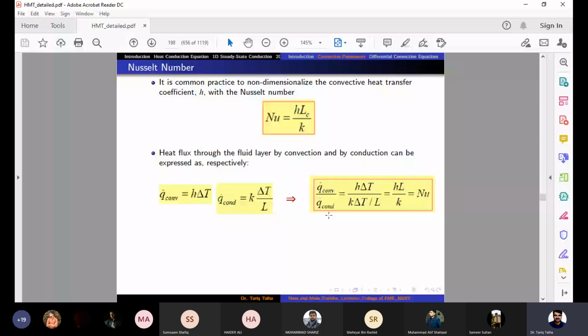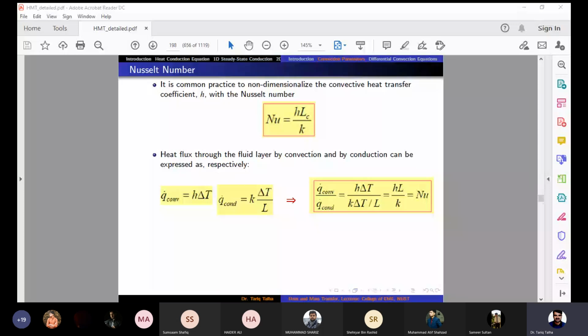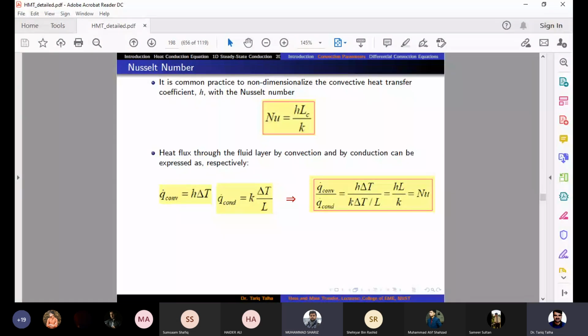When Q conduction is equal to Q convection, is there any possibility that we can have that problem where there is no convection? Convection means bulk motion of fluid. Anyone? Not on the surface, but could there be some phenomenon in which there is no bulk motion in the fluid?